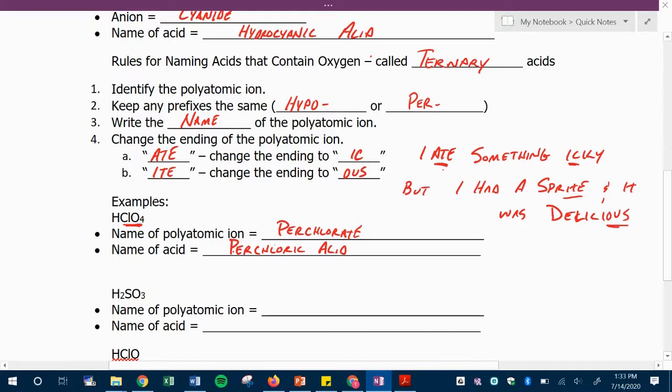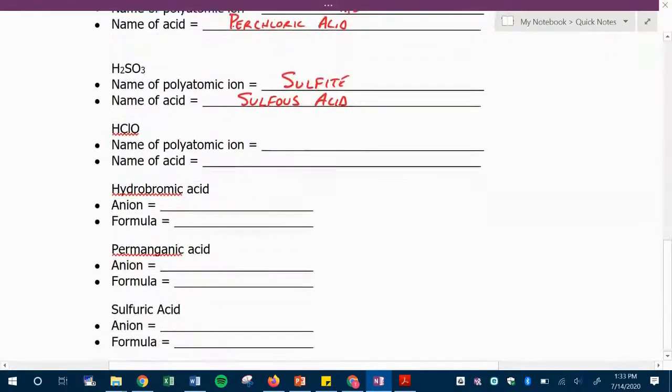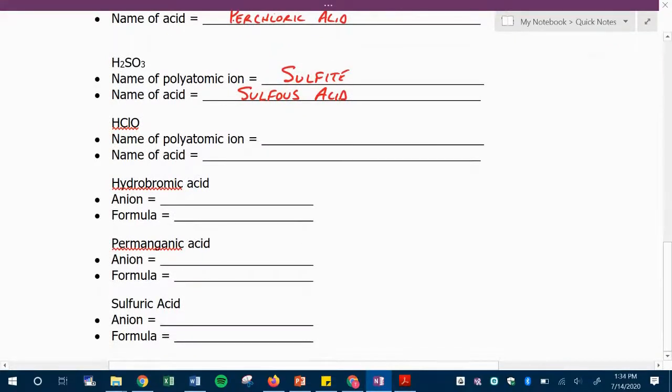That should hopefully help keep them in mind. All right, let's look at our next one. We've got H2SO3. The name of SO3 is sulfite, and remember, the ite endings become ous. So this is sulfurous acid. All right, let's keep going. Now we've got HClO.